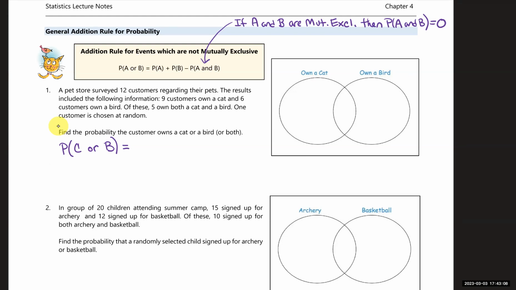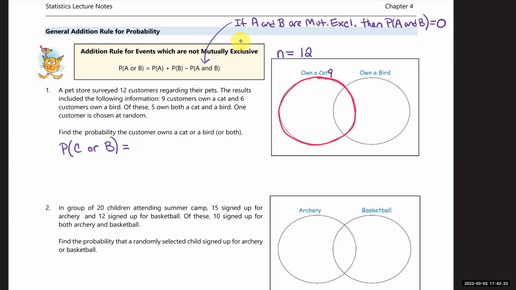Okay. So on my Venn diagram, I'm going to go ahead and indicate over here my N. Inside this rectangle, I've got 12 people, so 12 customers. And when they say that 9 customers own a cat, it means that inside that cat circle, I'm eventually going to need 9 people. So I'm just going to make that one red.